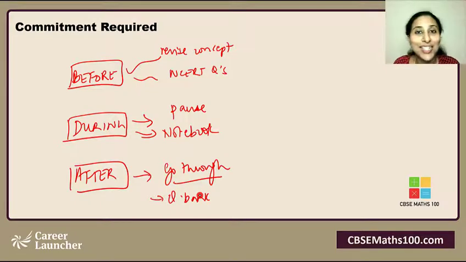It could be any worksheets that your teacher has given you. It can also be renowned authors' publications like R.S. Agarwal or R.D. Sharma. You can also use Oswaal books, Exam Idea books, Arihant books. So stick to any one question bank which you are using and ensure that you're solving additional problems from that particular concept where you're finding it tough.